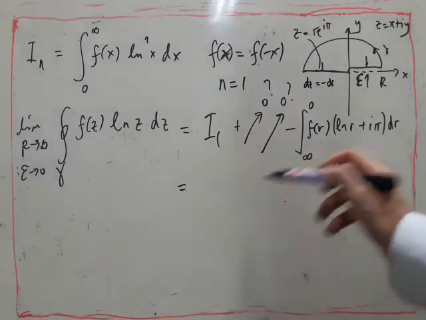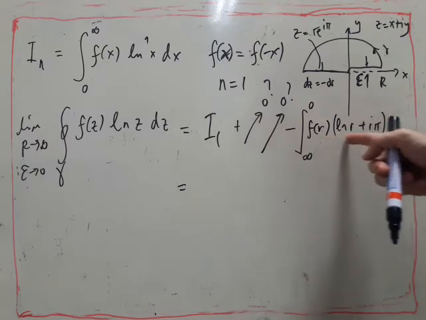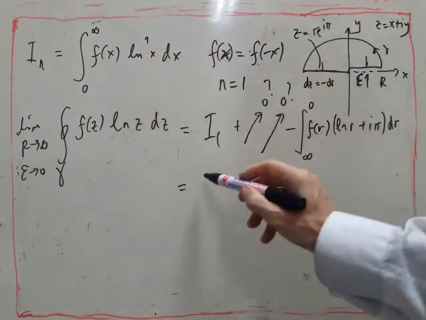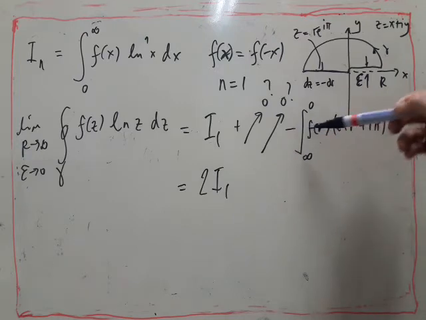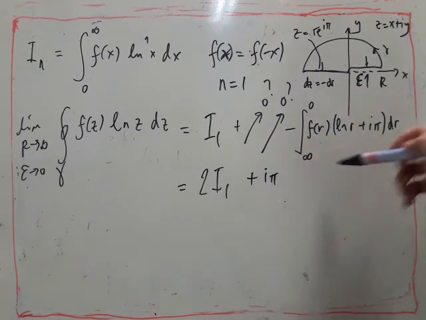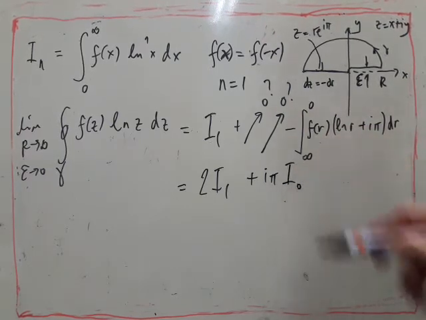So this gives me, using the minus to swap the limits, this integral here is precisely the integral I want to find, n equals 1. So I get twice the integral I want, 2 I1. And remember, I'm using this minus to swap the limits, so I've got a plus sign here, and then I've got plus i pi times I0, which is just the integral of f of r.